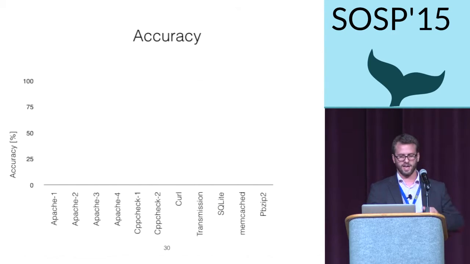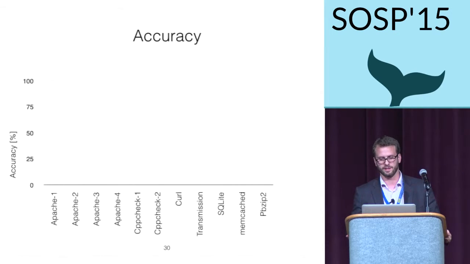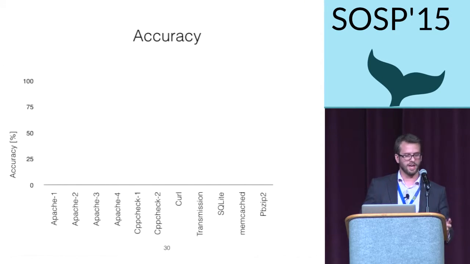We also measured the accuracy of GIST as compared to ideal failure sketches that we built by hand. Intuitively, the more a failure sketch built by GIST resembles an ideal failure sketch, the more accurate it is. To compute accuracy, we determine whether the sketches GIST built contain statements from the ideal failure sketch and whether the order of these statements is correct.